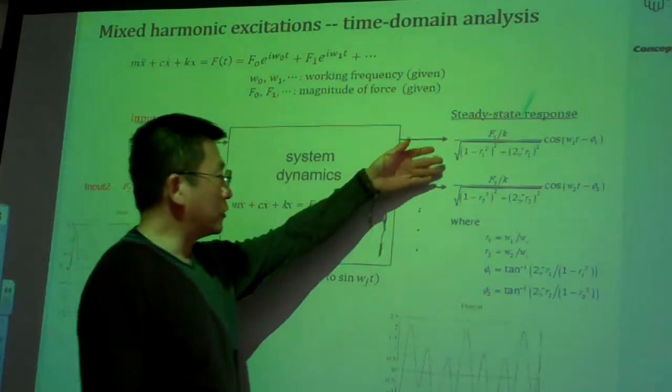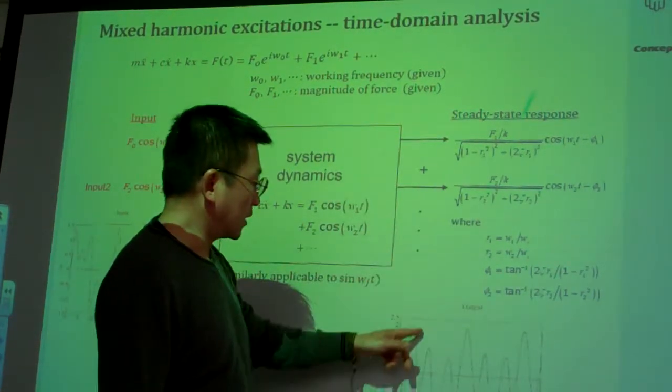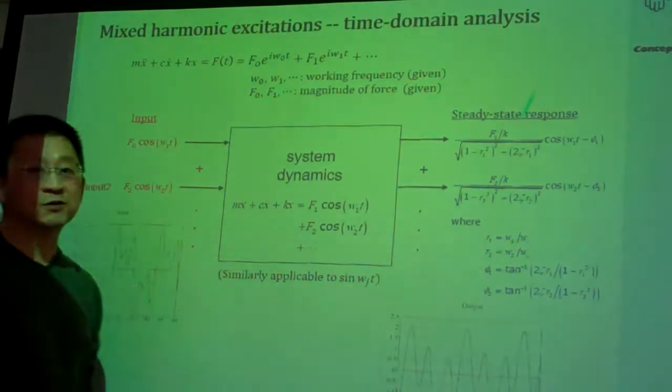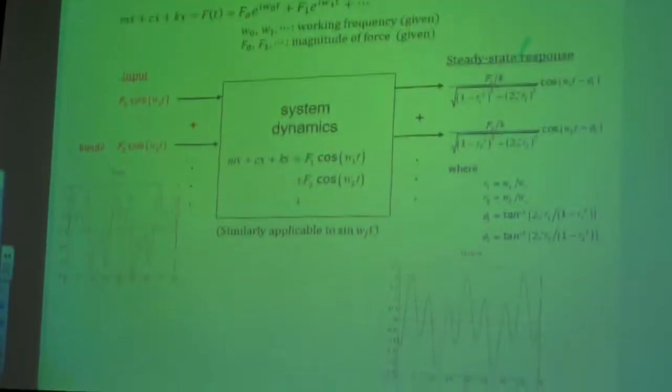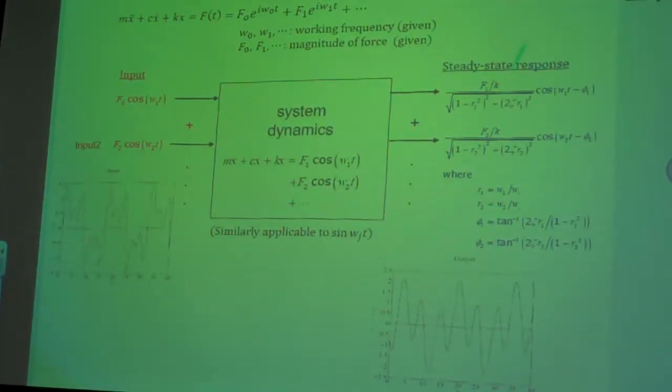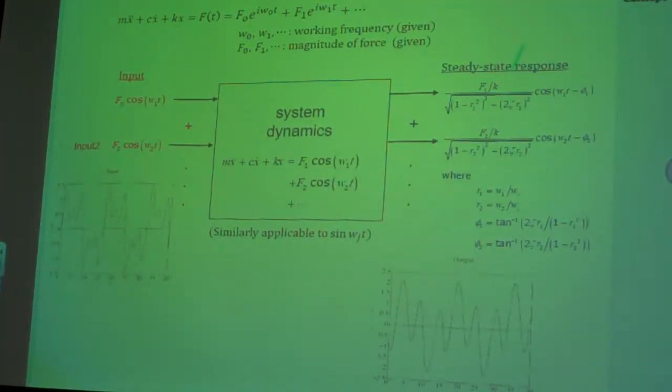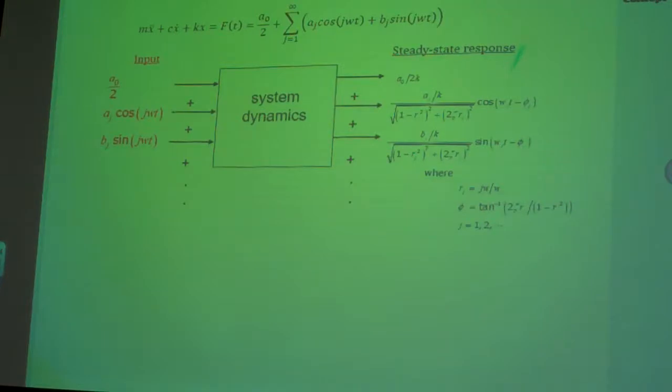Then if we plot the response, it will look like this for demonstration. This page and the previous slides are the summary of the whole technique. I would say there is nothing new here. Again, we are simply using superposition to add the system information together. Okay. So that is another viewpoint of this.